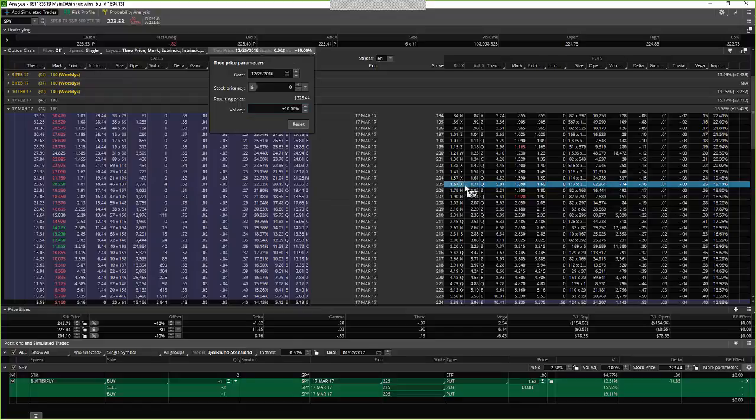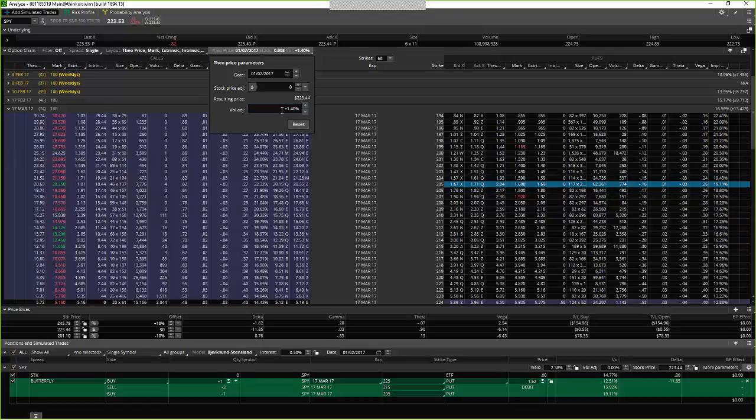Watch what happens when I hit reset to the theoretical price. I want you to keep your eye on the 501. See, it went down to 168, 169. So by changing the volatility and moving it up, the price goes up. Why? Because I'm long volatility.